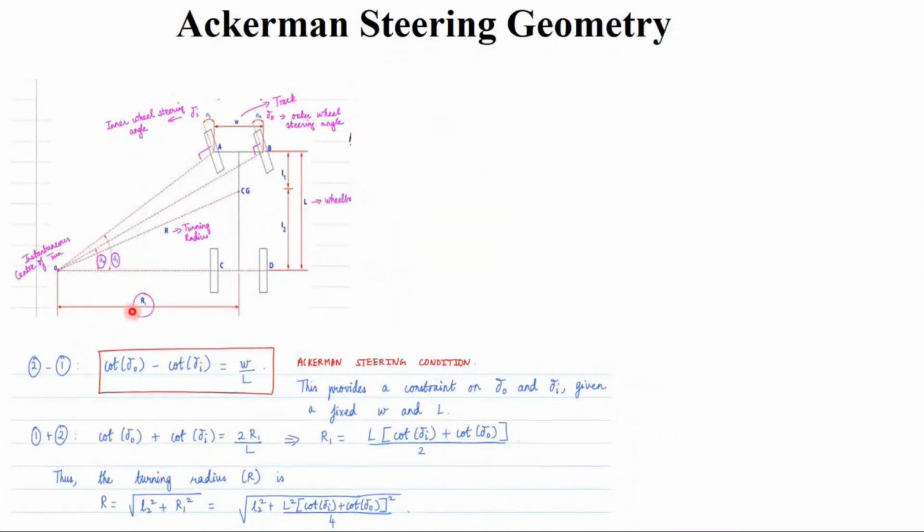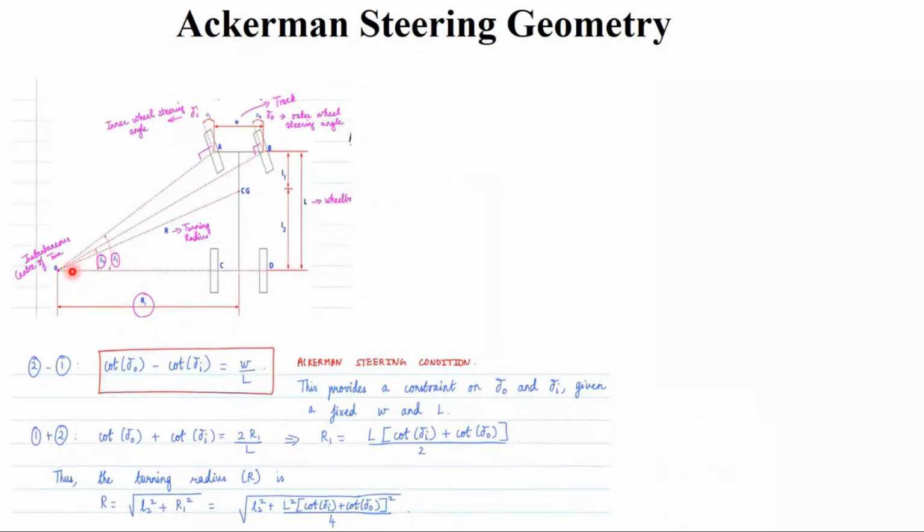So this is the turning radius R. And this turning radius R is equal to the square root of L2 square plus R1 square.